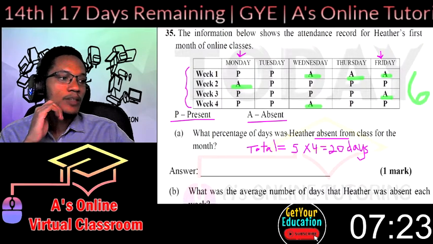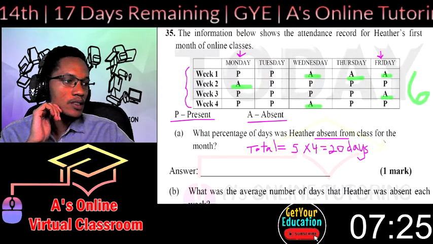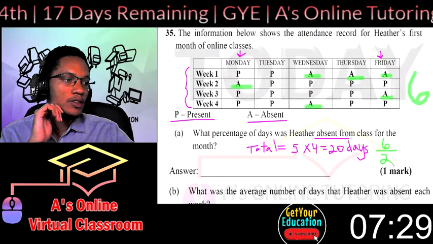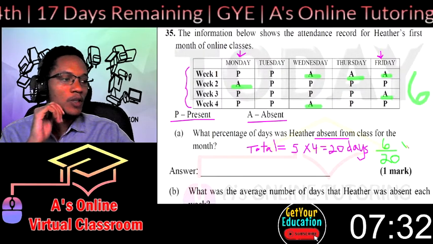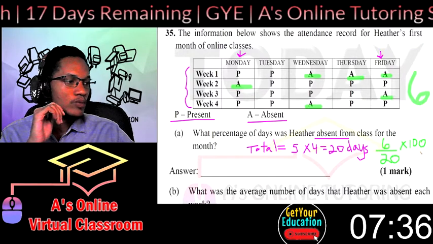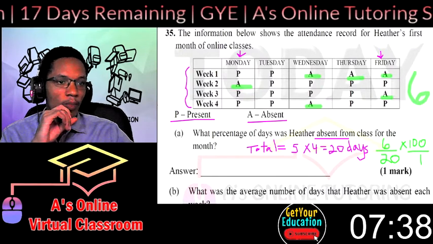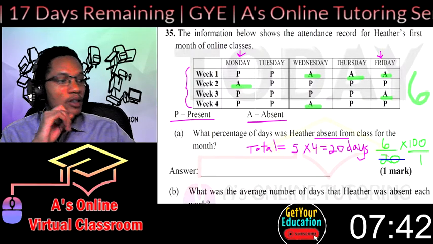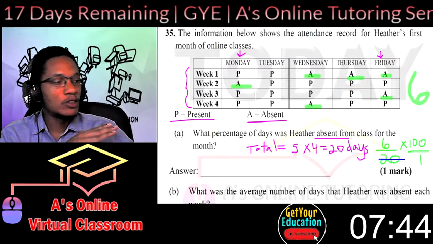So to find the percentage, we will take 6, put it over the total days, which is 20, and multiply that by 100 over 1. And from here, the name of the game is reduce, then multiply. 20 is a number that could go into 100.